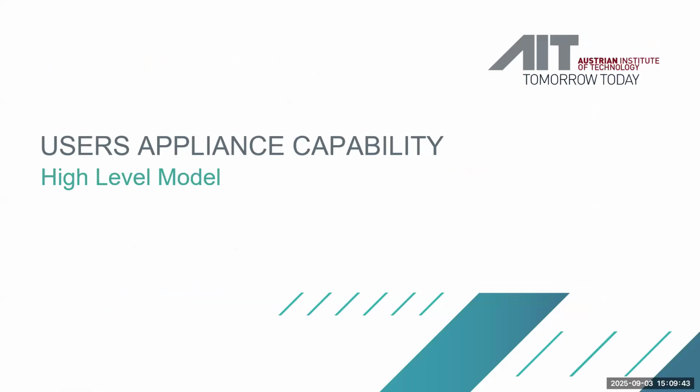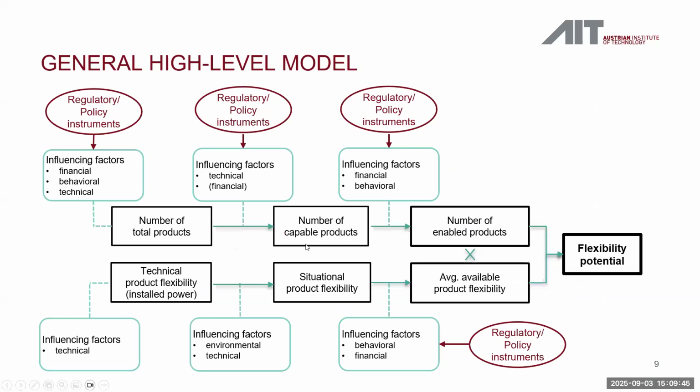This is an overview of our high-level model. To derive the flexibility potential for a country or a region, we start with a number of total products, which is then narrowed down to the number of capable products, and only a share of these capable products are really enabled by users. This number is multiplied with an average product flexibility, which is derived from an initial technical product flexibility, which is the installed power, and then reduced by environmental factors and also by user behavior.